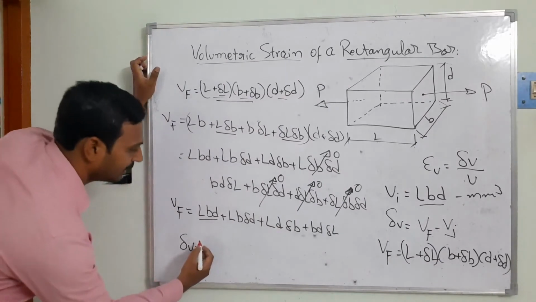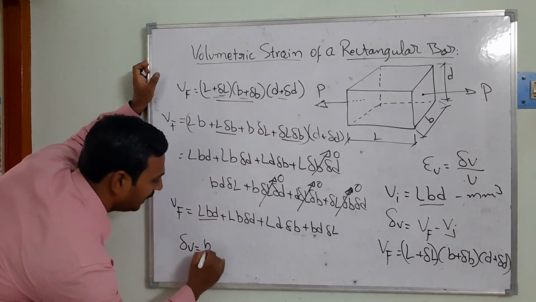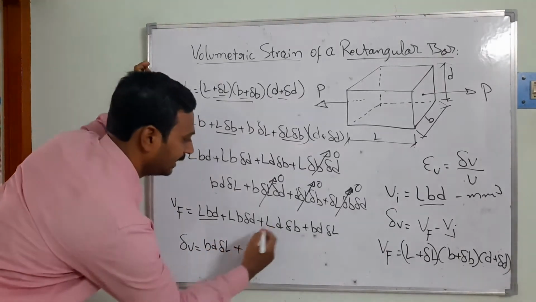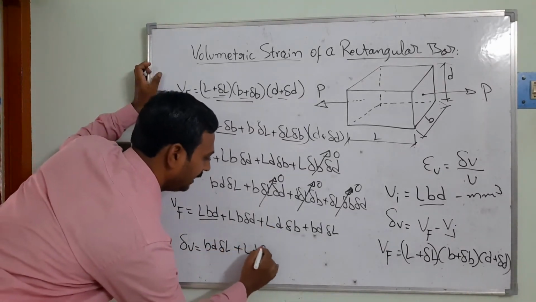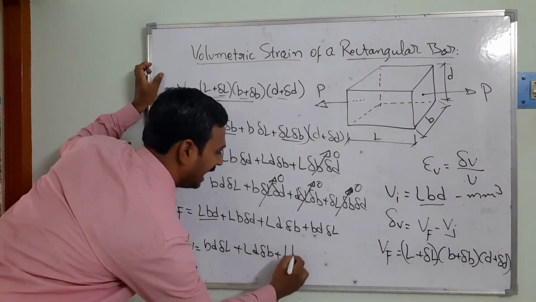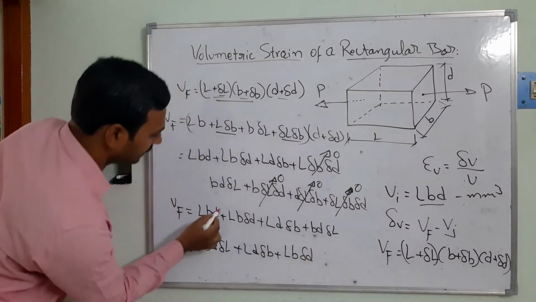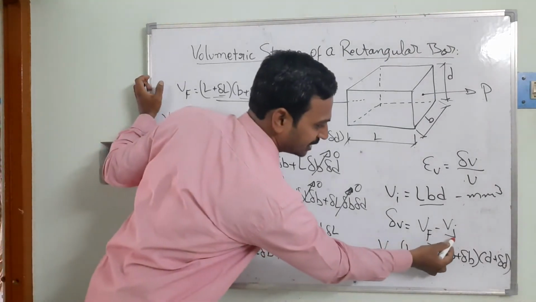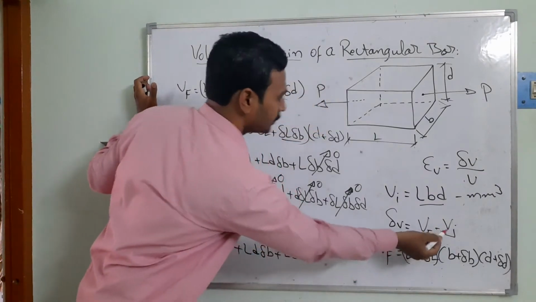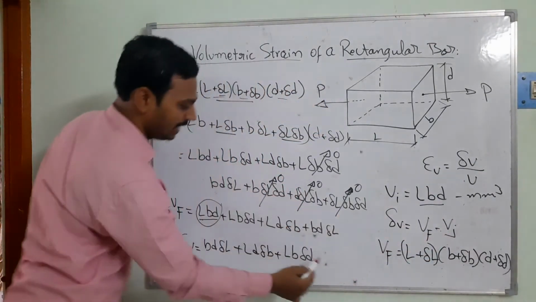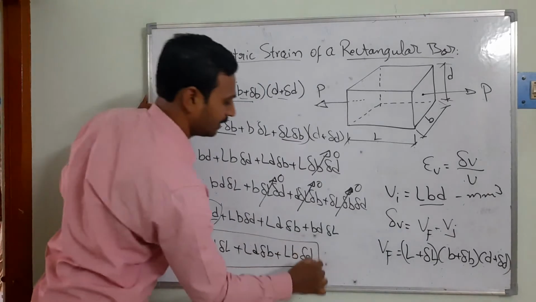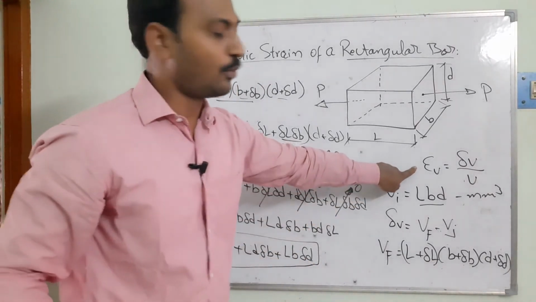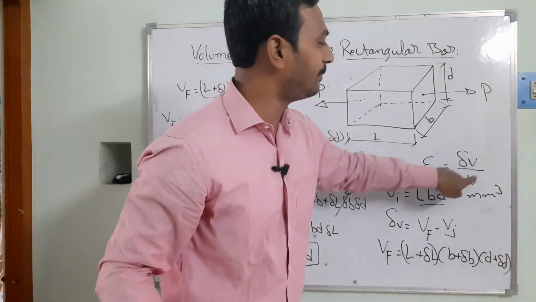Finally I get BD del L, rearranging that equation, plus LD del B plus LB del D. This term is your original volume, and when I substitute in this equation, this is also original volume, with the negative sign. So finally these two are cancelled, and we get this equation. If I do further simplification in this equation, this mathematical model is del epsilon V equal to del V by V.